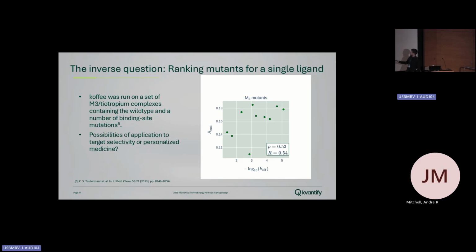Of course, the correlation is not perfect, but it seems to show some correlation between what we predict and the experimental K-off values. Hopefully, when we have tested this quite a bit more, if we get the data, we would love to be able to see if this can be applied to, for instance, target selectivity of small molecules, especially because selectivity can in many cases be kinetically induced. So it's a relevant question.